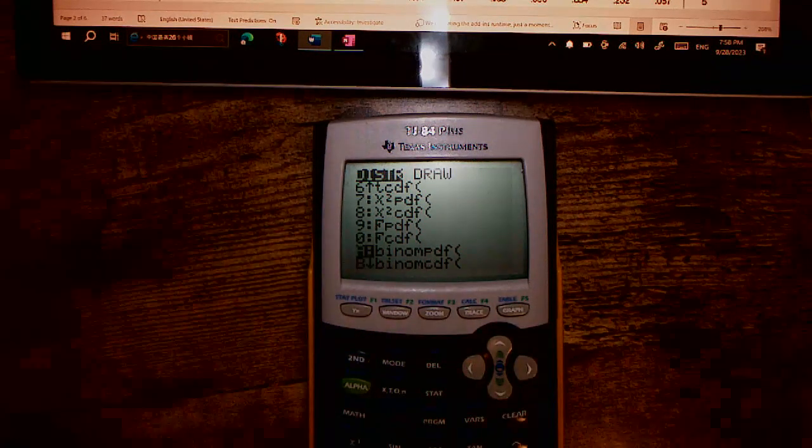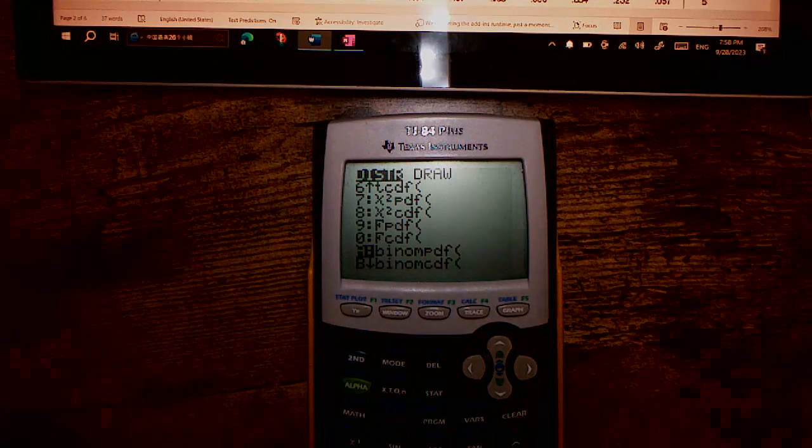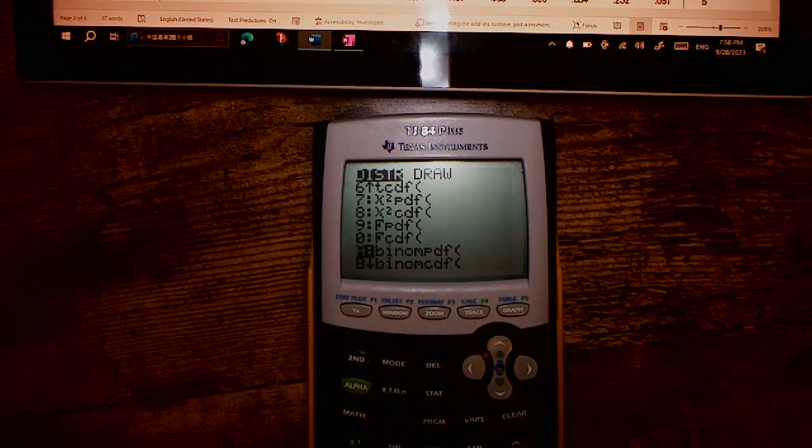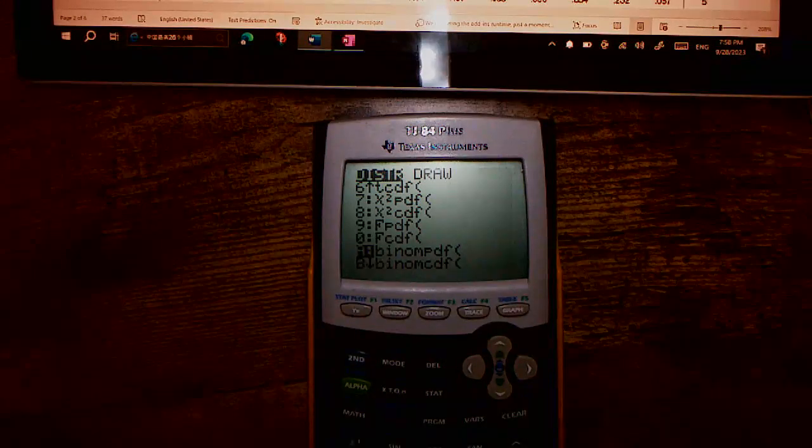When you are looking for the probability of X assuming a specific value, for example P of X equals 0, or P of X equals 3, or P of X equals 6, we use PDF, because PDF stands for probability density, probability distribution function.